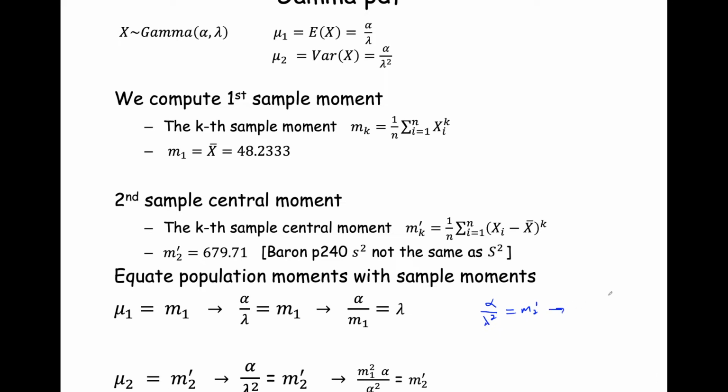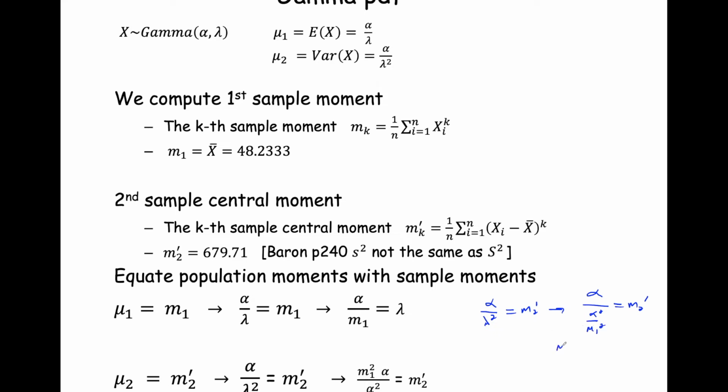So that gives us alpha over, and we said alpha squared over m1 squared is equal to m2 prime. So here, in the denominator, we have this alpha squared over m1 squared. Okay, well, this will stay in the denominator, and this one, if you have 1 over something, that's going to come up here in the numerator.